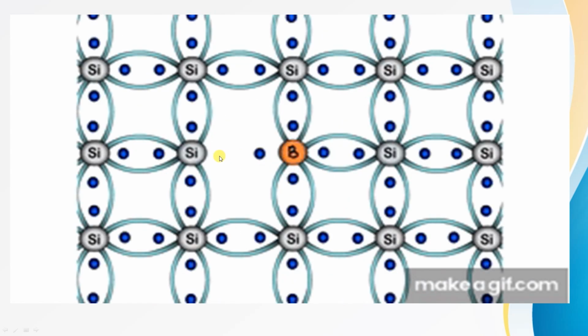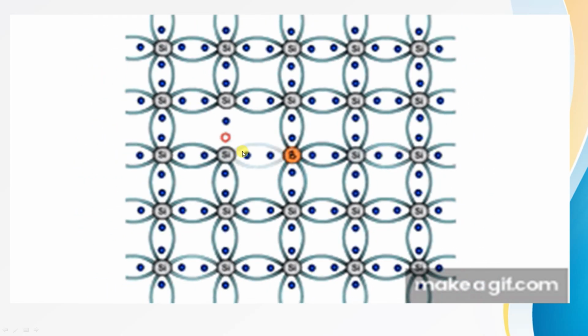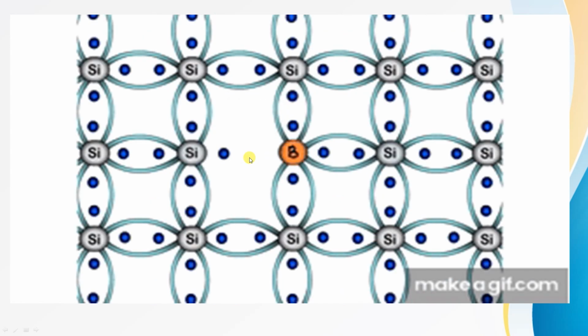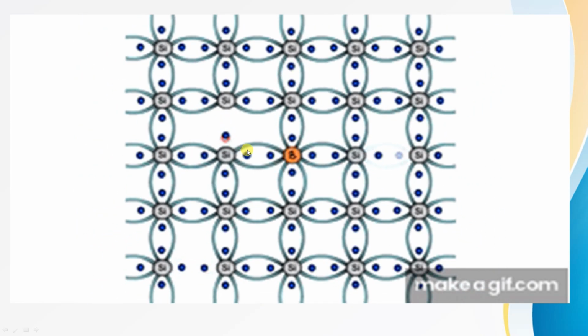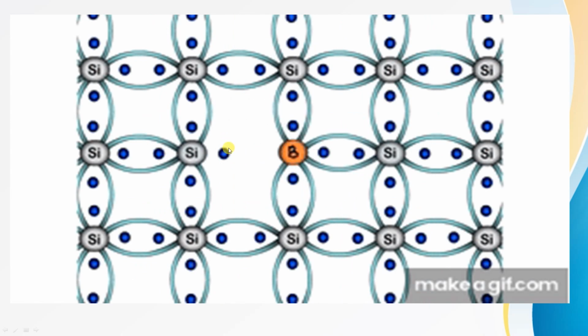Meanwhile, to fill the original position of the silicon vacancy, once again the neighboring electrons are attracted to fill the holes. In this process, many electrons move from one place to another to fill the vacant spaces, and the conductivity of silicon is enhanced.